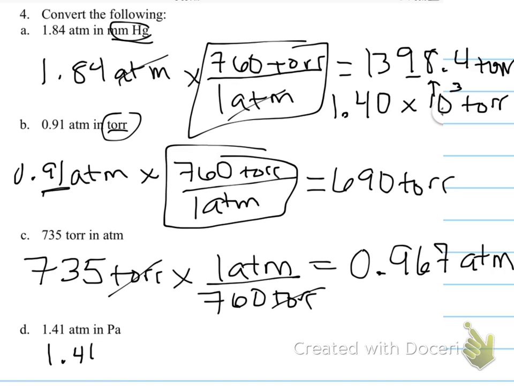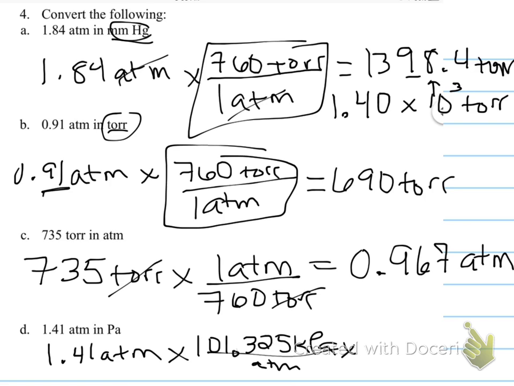So atmospheres, our little conversion factors say that there's 101.325 kilopascals per atmosphere. And then I need to remove the kilo, so it's going to be 1,000 pascals for 1 kPa.